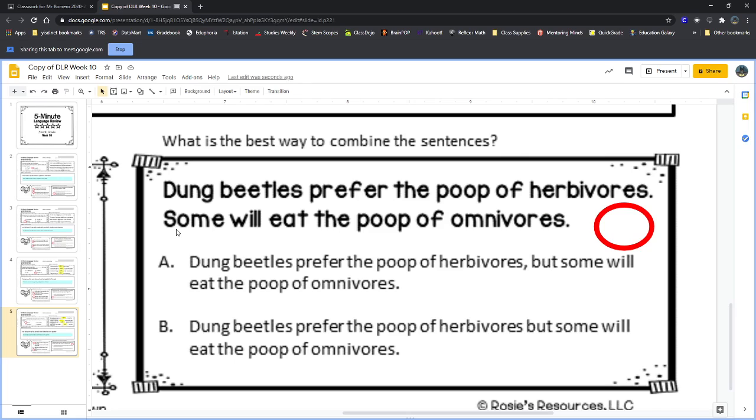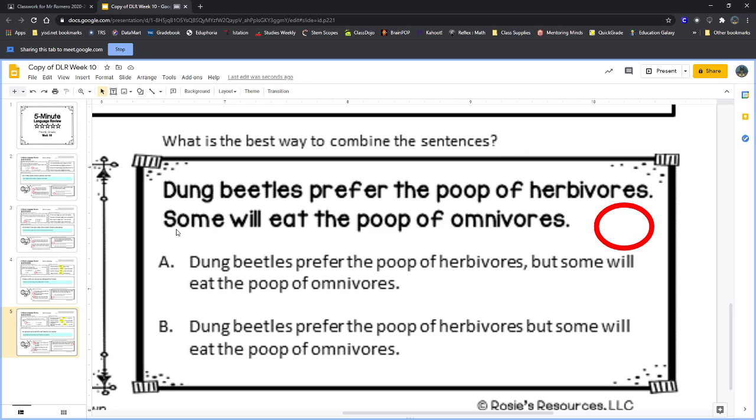Okay. Last part. We have two sentences. We want to combine them, and we want to pick the answer choice that does it the best. Dung beetles prefer the poop of herbivores. Some will eat the poop of omnivores. I want to combine those sentences. A. Dung beetles prefer the poop of herbivores, but some will eat the poop of omnivores.